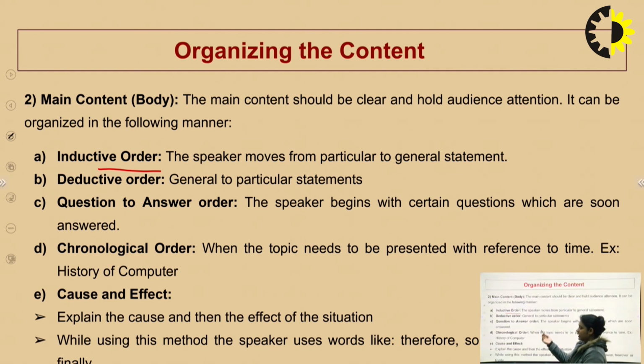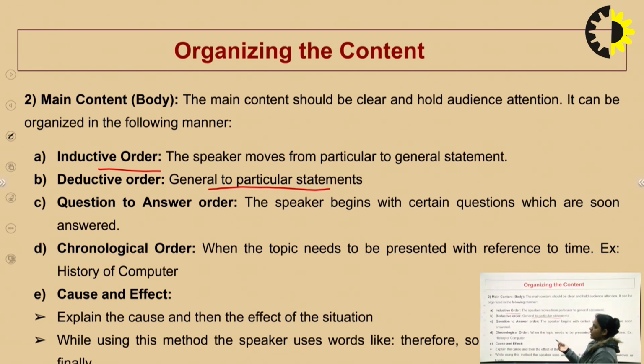Then we can also arrange our subject matter in a deductive order, which is the reciprocal of inductive order. It goes from general to particular statements. Here the main idea is given at the start. So in the very beginning, we present the main idea, and then in the following statements, we support or validate or verify or explain that thought.